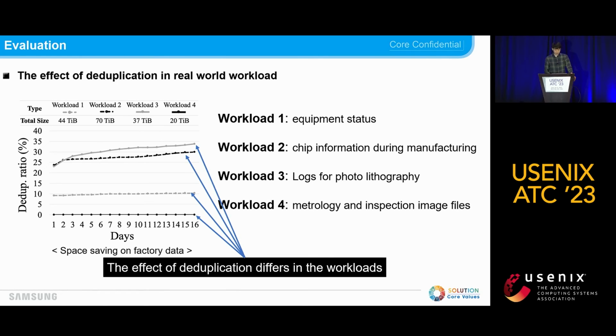We replay these captured data into our Ceph cluster using object service. As you can see in the result, workload 3 shows the highest deduplication ratio because it contains archival files and logs, for example, time series logs. On the other hand, workload 4, which consists of metrology and inspection image files, is not affected by deduplication.